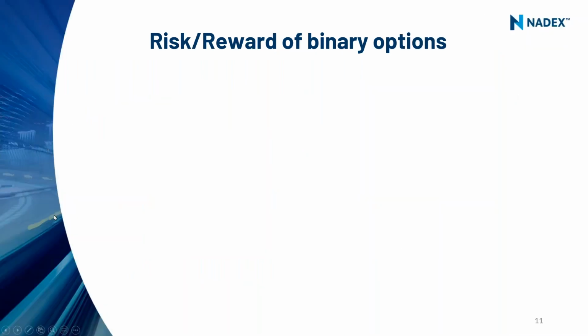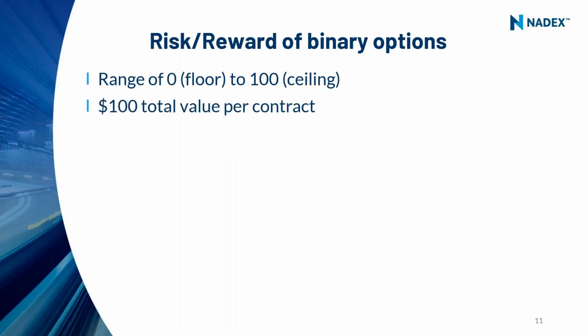Now, I mentioned that number represents two things. One, it's the probability. If you understand that it's the probability, hey, I'm predicting that this is going to be true. We made all of our binary options a maximum value of $100. So not only is it the probability of it being true, it is also the dollar value of the contract.